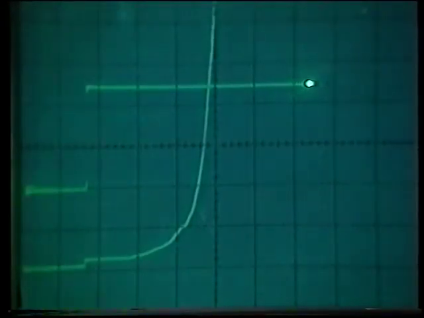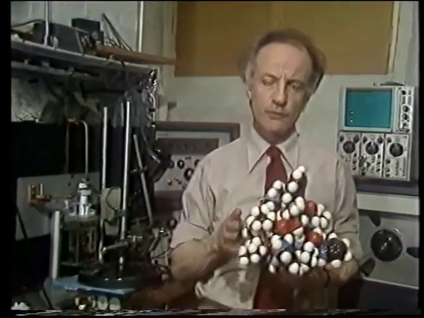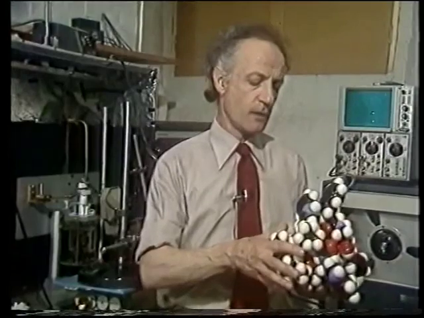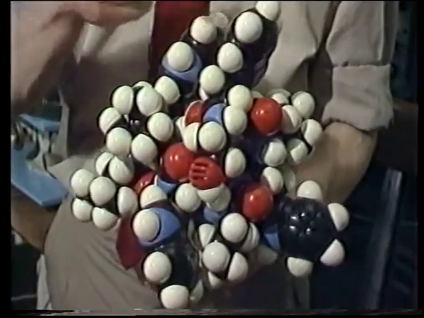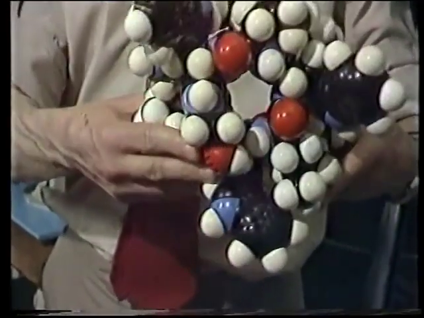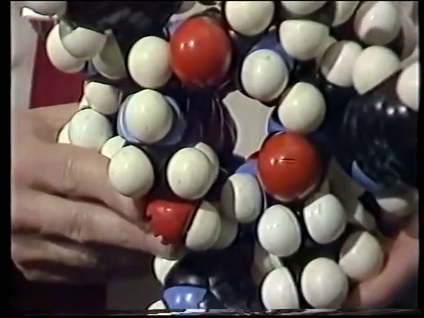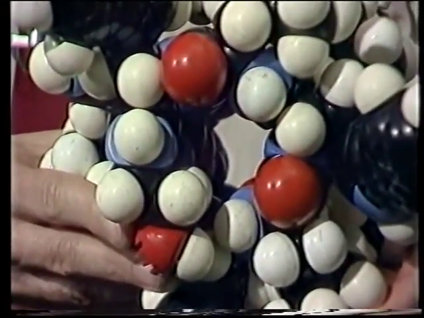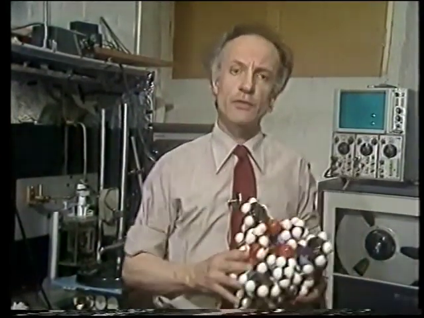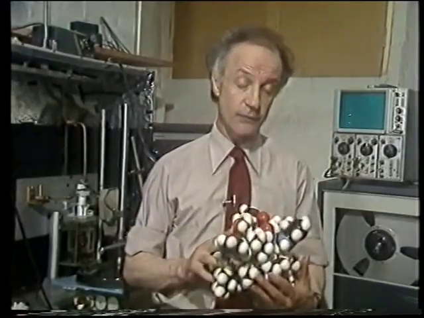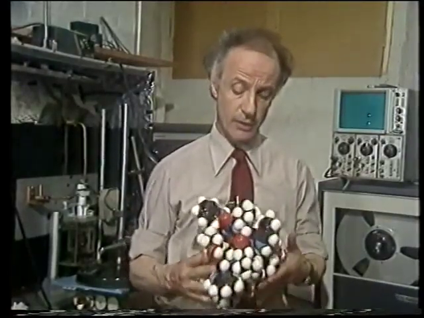How can we explain this very large rise in current, and hence in membrane conductivity, that we find when we add the polypeptide? Gramicidin consists of 15 amino acids. These are coiled into the form of a helix, and in such a way as to leave a hole 4 angstroms in diameter down the middle. In the membrane, this hole is filled with water, and it's through this aqueous channel that the inorganic ions move.